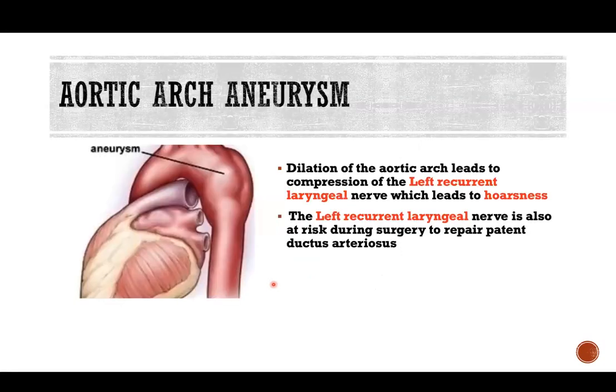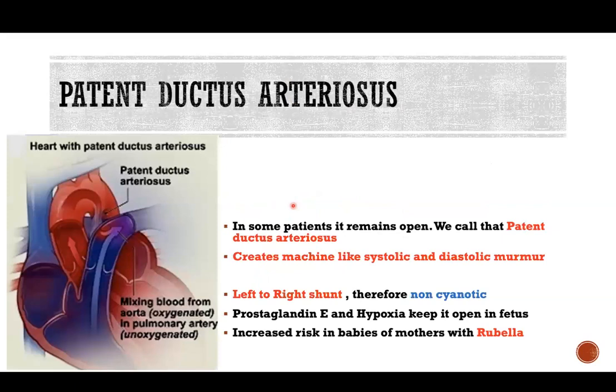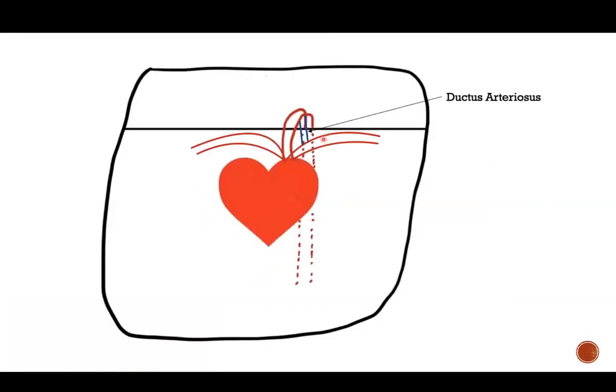So in the case of an aortic arch aneurysm, where there's a dilation of the aortic arch, the left recurrent laryngeal nerve will get compressed, and that will lead to hoarseness. It's also at great risk when we do a surgery for patent ductus arteriosus, which is right in the same area the recurrent laryngeal nerve is in.